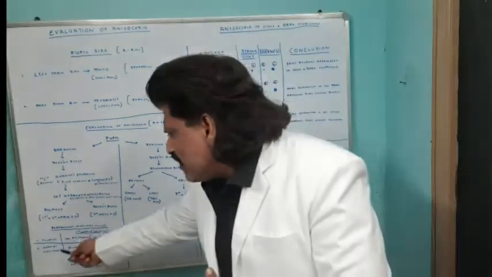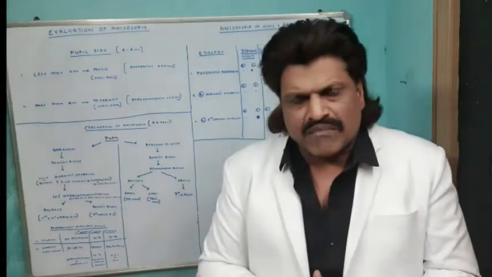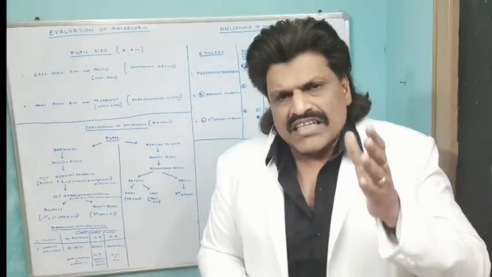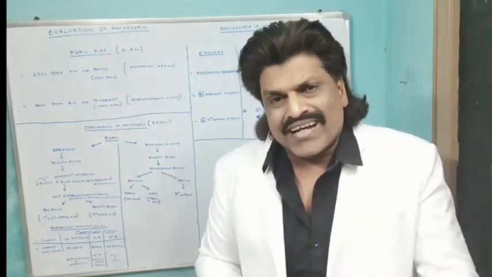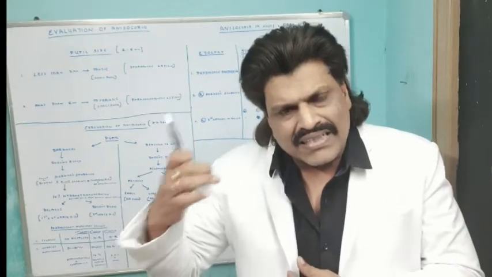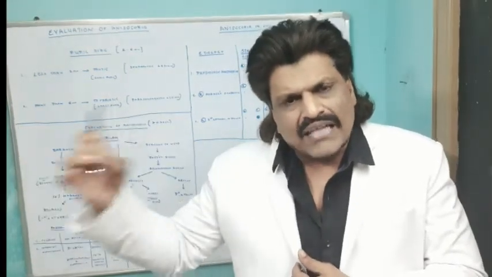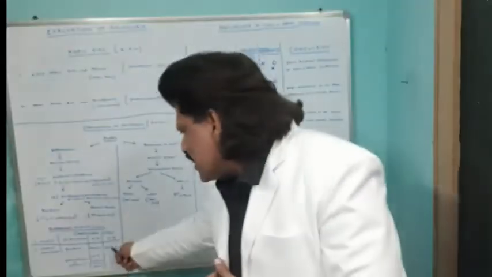But when we instill hydroxyamphetamine, if there is a lesion in the first order or second order, it dilates. But when the lesion is in the final pathway, that is the third order, it does not dilate.